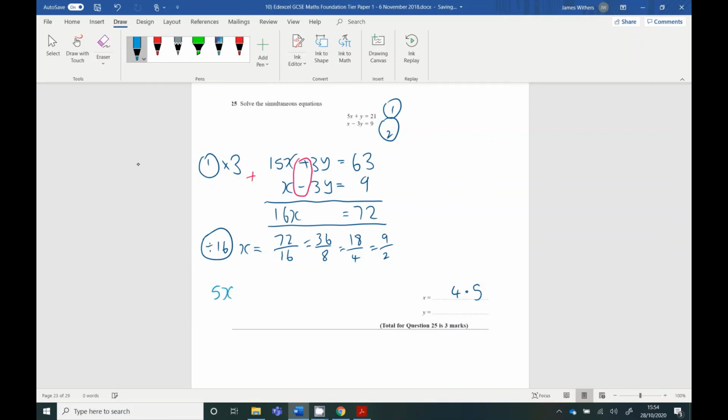So if I take my 5x plus y equaling 21, and I've just worked out that x is 4.5, so 5 lots of 4.5 added together with y equals 21. So what are 5 lots of 4.5? Well, 4 lots of 4.5 are 18, so that's 22.5. So 22.5 plus y equals 21. So taking away 22.5 from each side, I get y being minus 1.5.